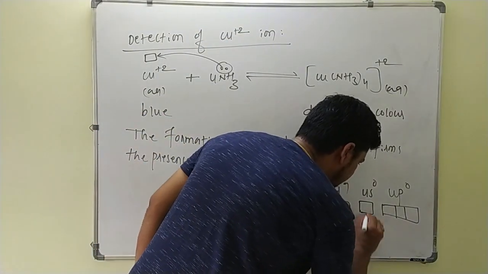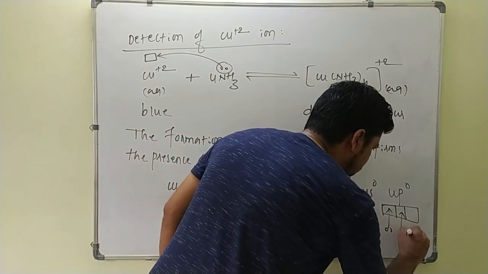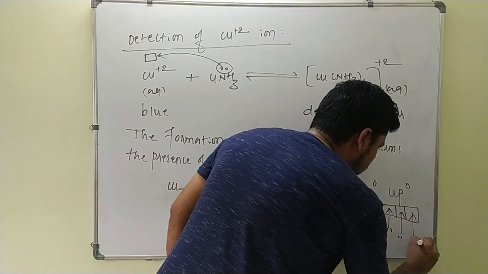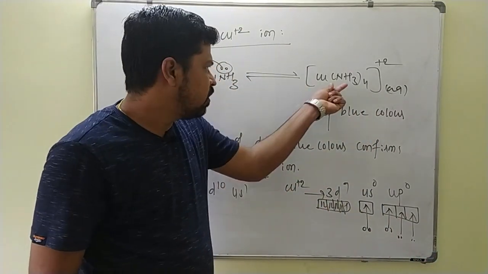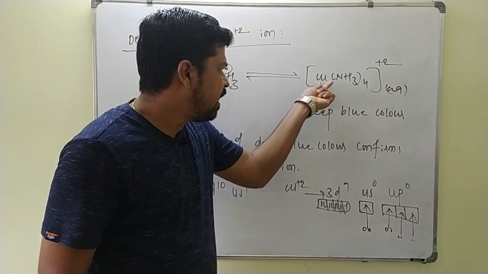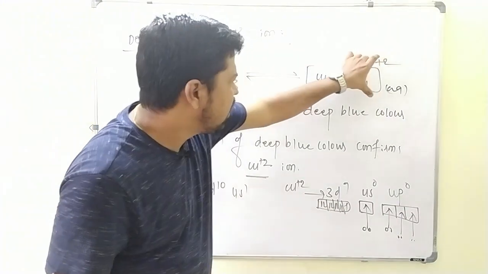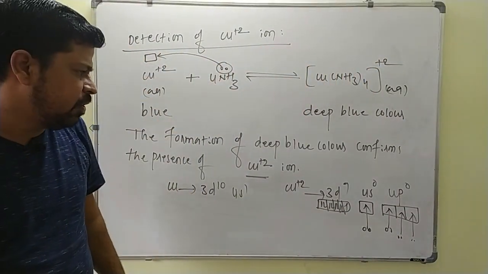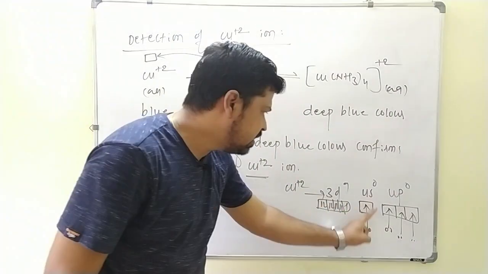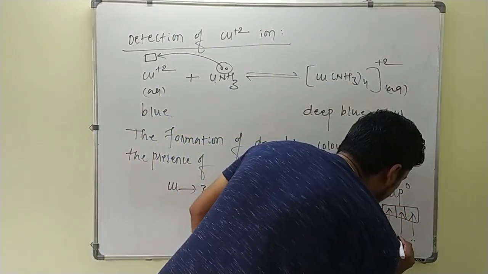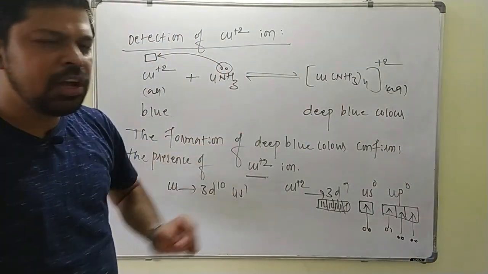In total, it will form 4 coordinate bonds with the copper plus 2 ion, so the ammonia molecules attached to the copper plus 2 ion are written in square brackets and considered as a single entity. In this way, the ammonia molecule donates a lone pair of electrons towards the vacant orbital of the metal ion to form a coordinate bond, and once the coordinate bond is formed, they form a complex.